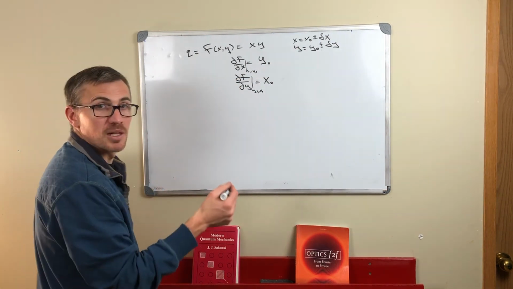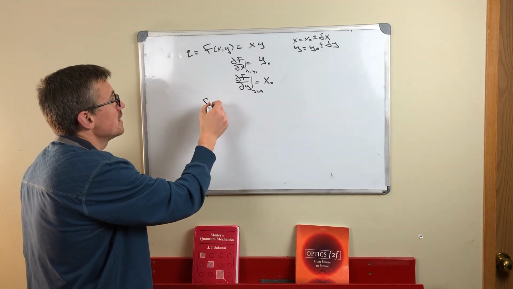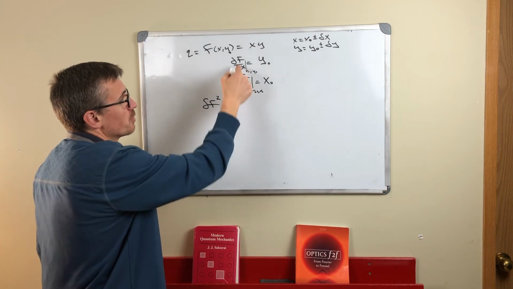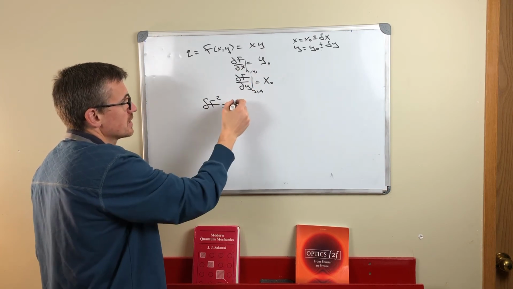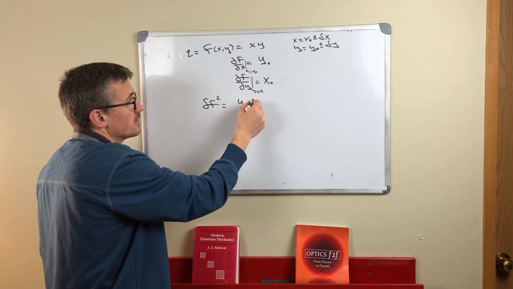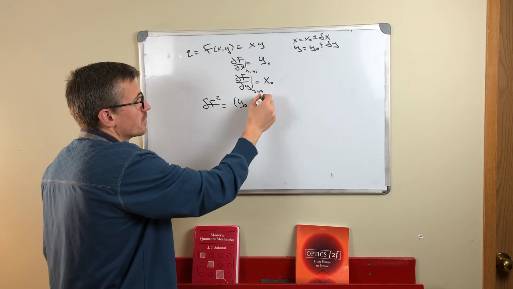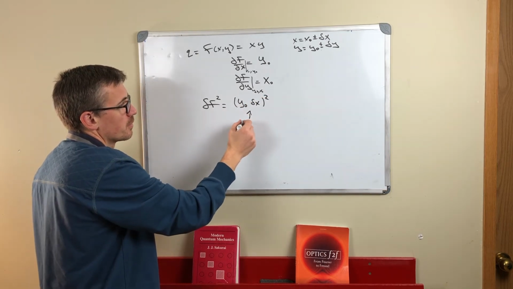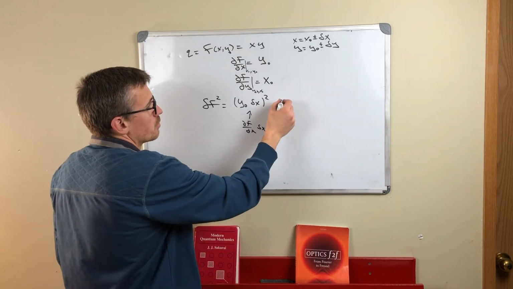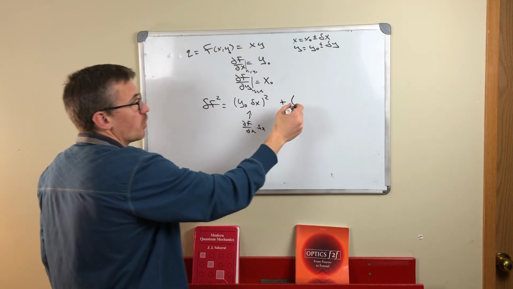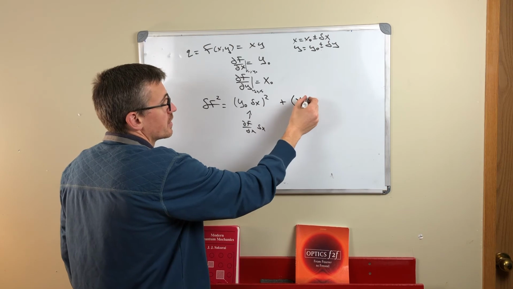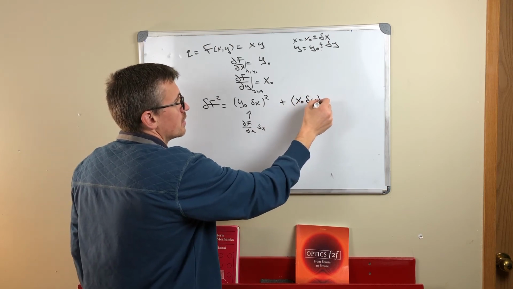So let's just apply the formula. What does it tell us? It tells us that delta f squared is equal to the partial derivative df by dx, so that's going to be y naught squared times delta x squared, and that comes from my df by dx times delta x, plus df by dy, which was x naught times delta y, all squared.